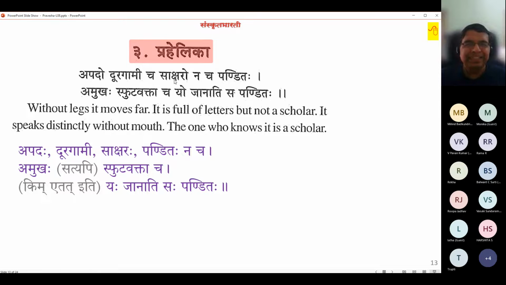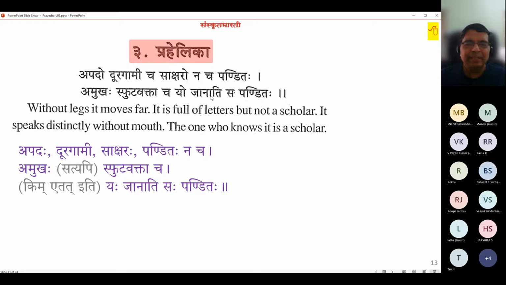I mean, contains letters but doesn't have panditya. Letters in the sense of aksharams, that is the actual alphabet. Amukah sputavakta, doesn't have a face but is a very clear speaker. He speaks very clearly. Sputavakta. So with these kind of contradictions, who is he?